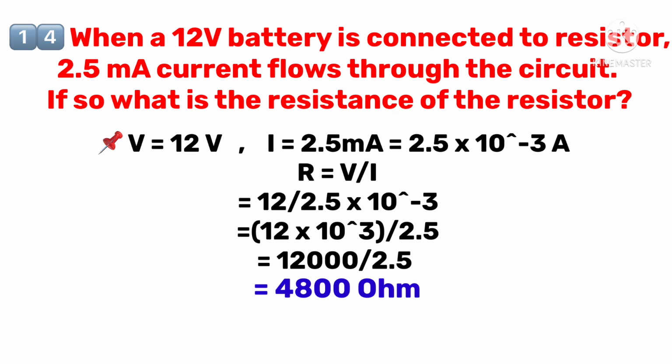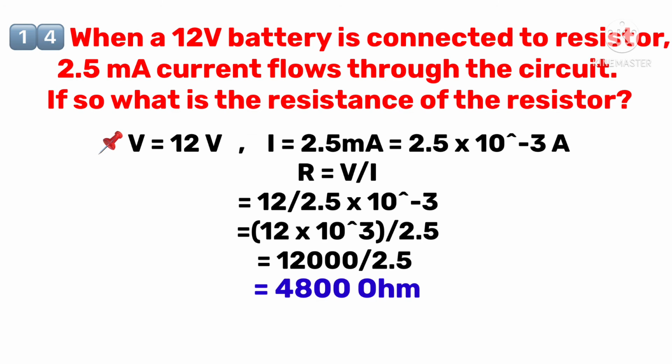14th question. When a 12 volt battery is connected to a resistor, 2.5 milliampere current flows through the circuit. If so, what is the resistance of the resistor? Here V equal to 12 volt, I equal to 2.5 milliampere. That is equal to 2.5 into 10 raised to minus 3 ampere, because milli represents 10 raised to minus 3.